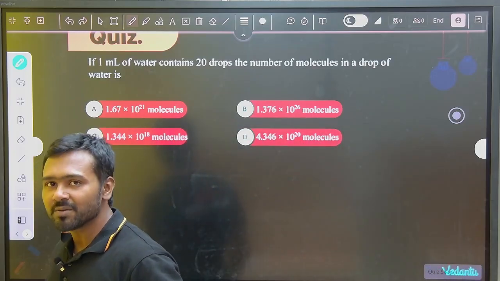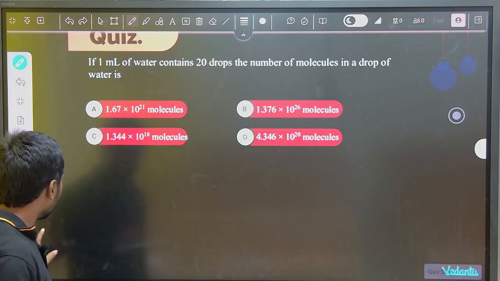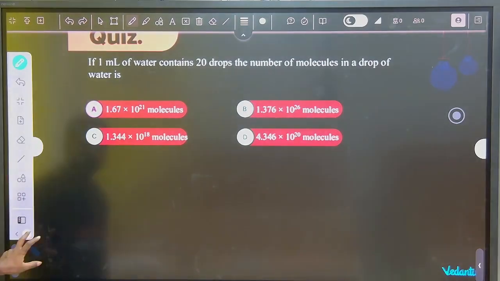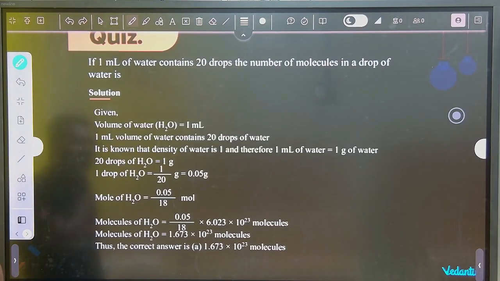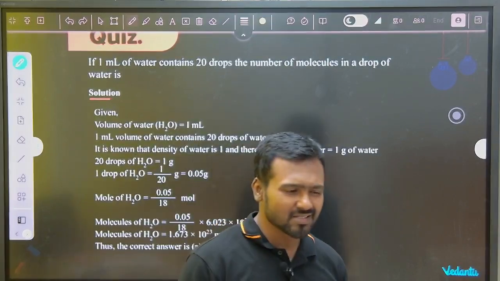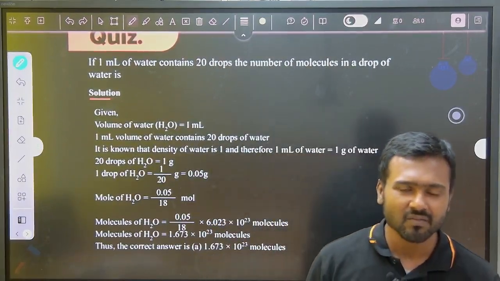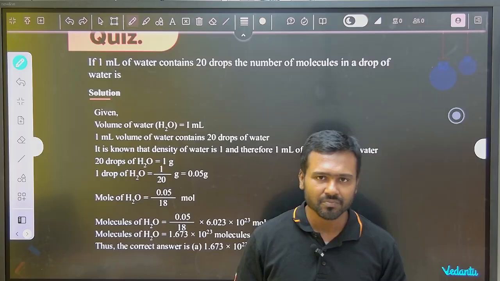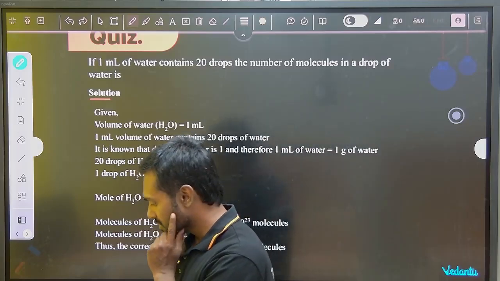So in the 20 drops, how much is the weight you have to consider? The volume of water is 1 ml, and 1 ml of water contains 20 drops. The 20 drops of water weigh 1 gram. Consider 1 ml as 1 gram, because we take the density of water as 1 gram per cubic centimeter, right?